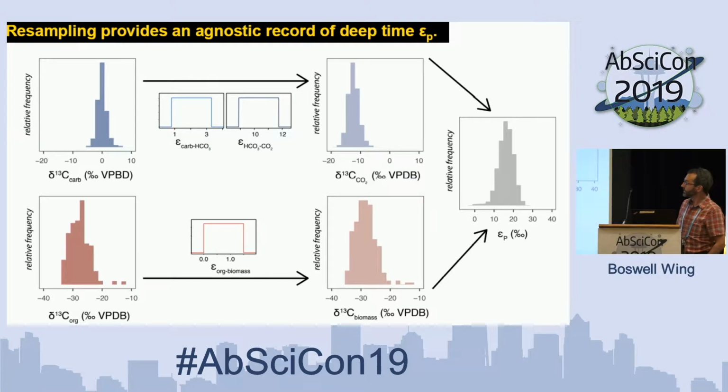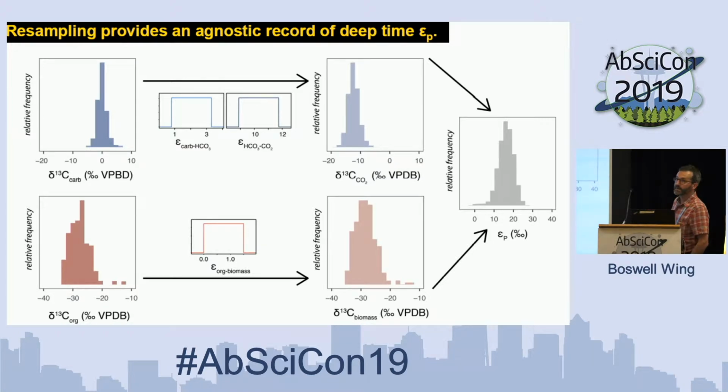Similarly, if you take the isotopic distribution associated with sedimentary organic carbon and run it through a random resampling looking at a distribution that might have something to do with how primary biomass is fractionated during microbial reworking, you can end up with a frequency distribution of the carbon isotopic composition of biomass in deep time.